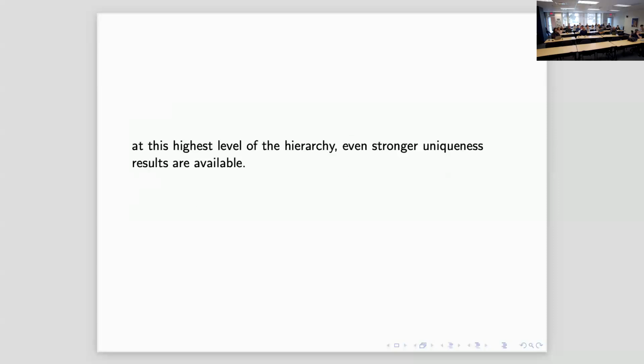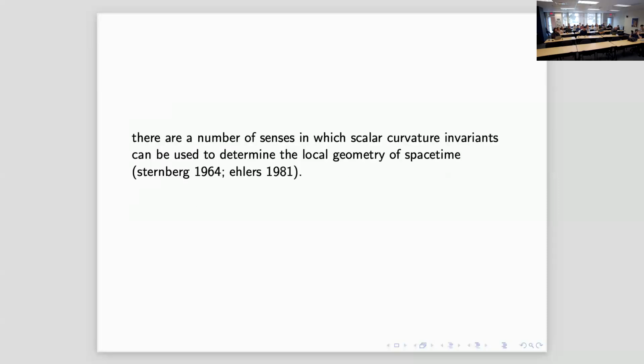Okay, so at this highest level of the hierarchy, some even stronger uniqueness results are available. There are a number of senses in which scalar curvature invariance can be used to determine the local geometry of spacetime.